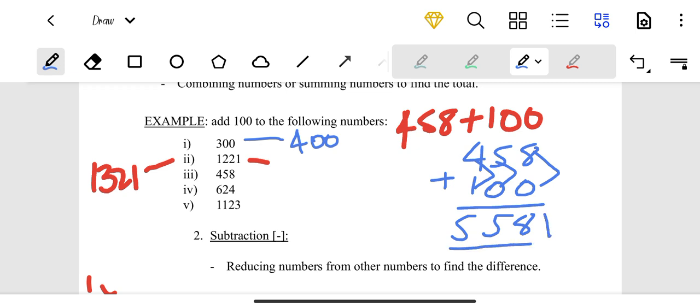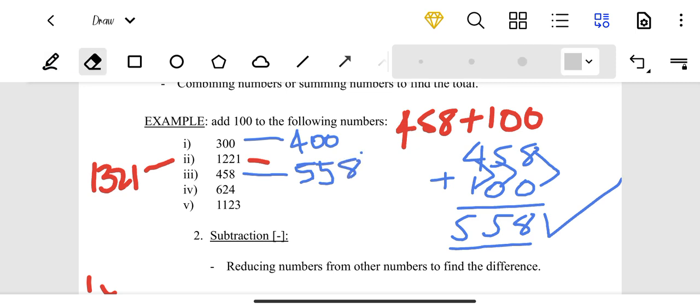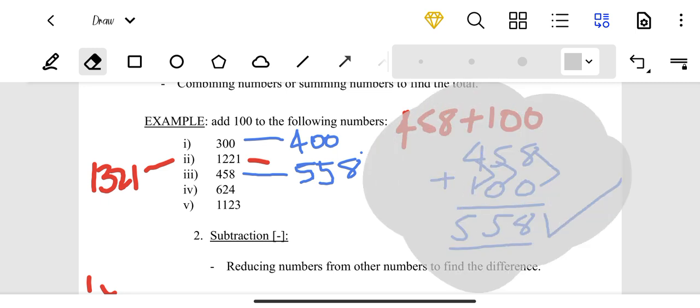And then the answer is 558. I hope it is also making sense. So let's just write that answer there, which is 558.